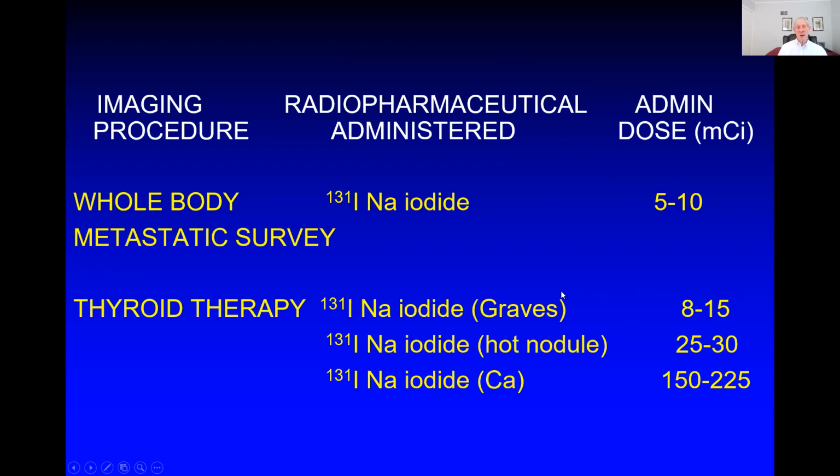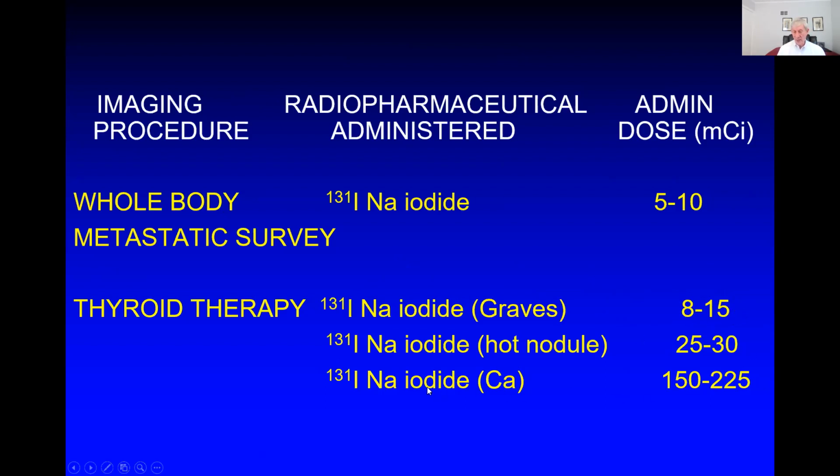If you do a thyroid therapy for any of these, not hot nodules, but Graves or cancer, if the first dose fails, the second dose is going to be 50% larger than the first. So for example, if this were 8 to 10 and it failed, then we would increase the second dose up to 12 to 15. That's 50% larger than 8 to 10.